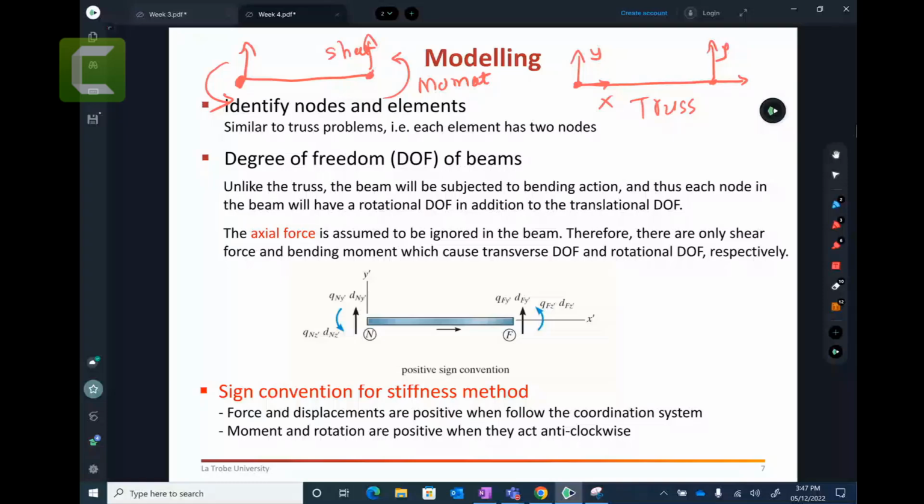Again, it has 2 degrees of freedom. I will repeat it. In a truss there are 2 degrees of freedom, X displacement and Y displacement for each node. In a beam, you have Y displacement and you have rotation. The displacement relates to the shear force.